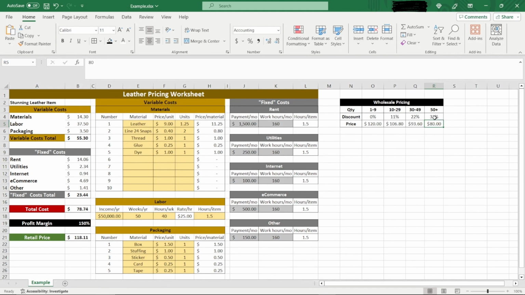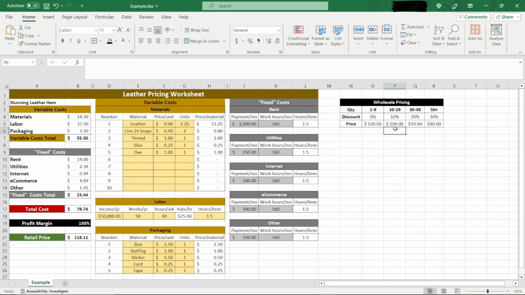What if instead of 11, 22, and 33, we just did 10%, 20%, and 30%? It takes a little bit of the edge off. Let's redo these calculations here. Instead of 0.89, this is now 0.9.